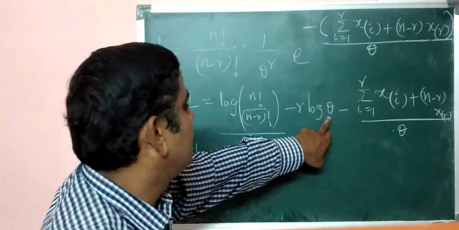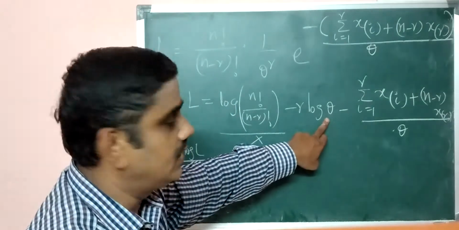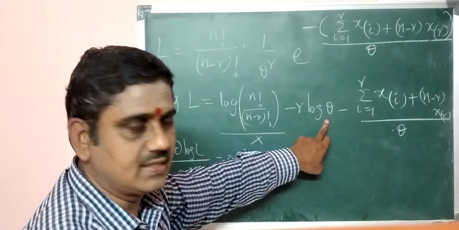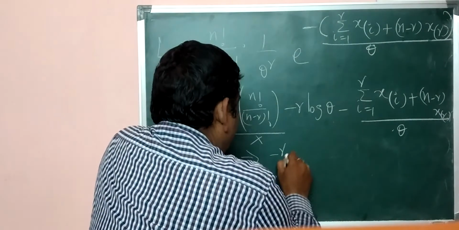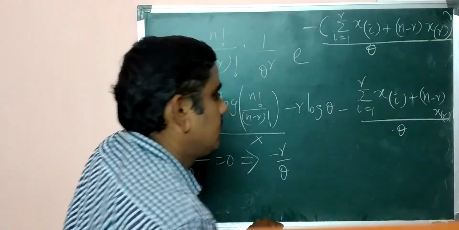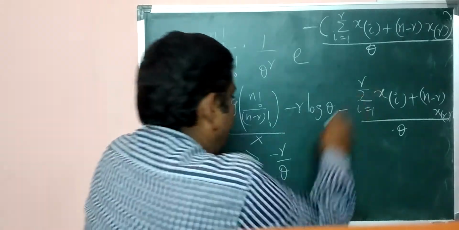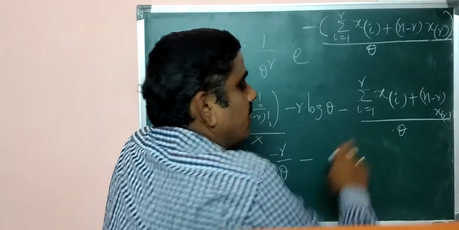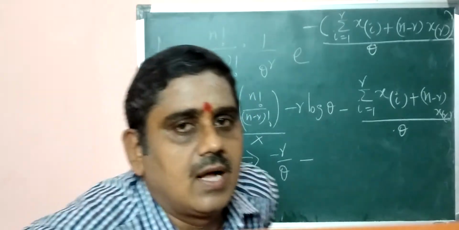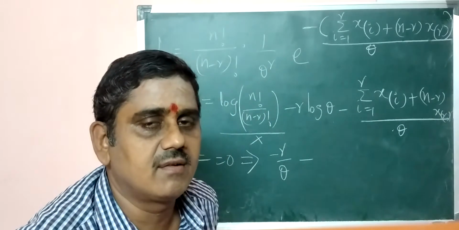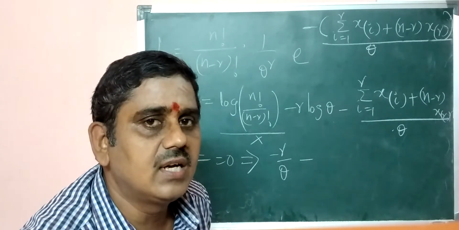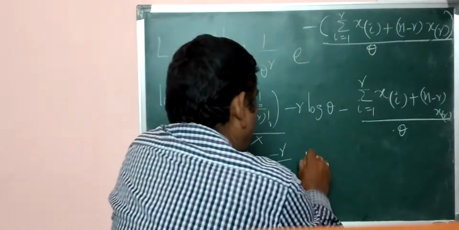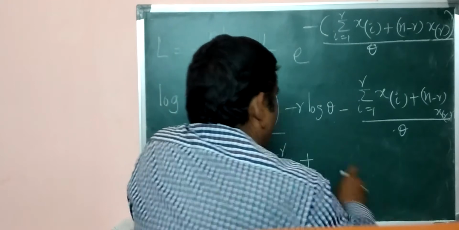And for this, you have this particular term consisting of theta, log x, 1 by x. So minus r divided by theta. Next minus, this is 1 by theta, no other term of theta here. Differentiation of 1 by theta is minus 1 by theta square, so minus of minus is plus 1 by theta square.